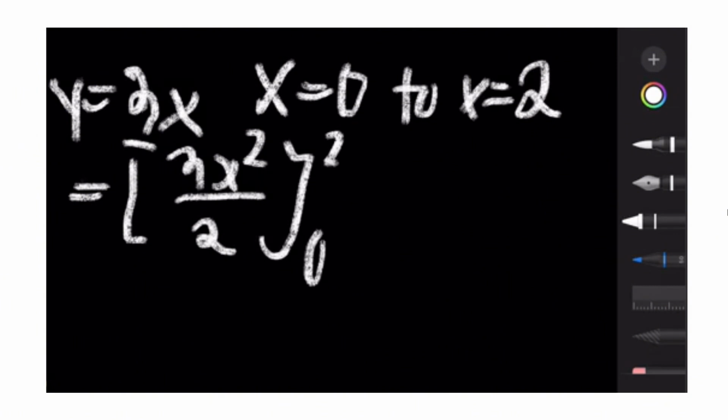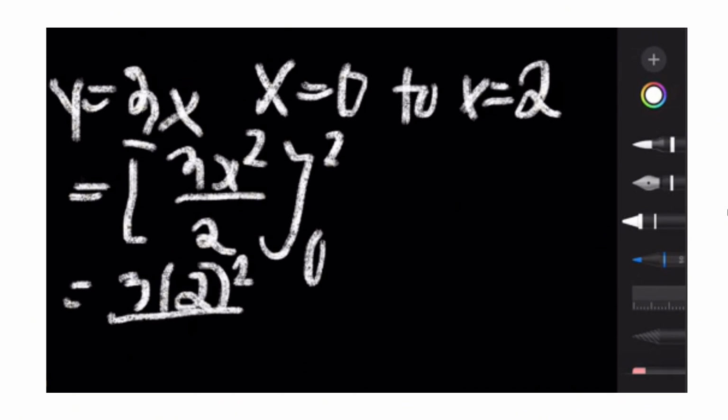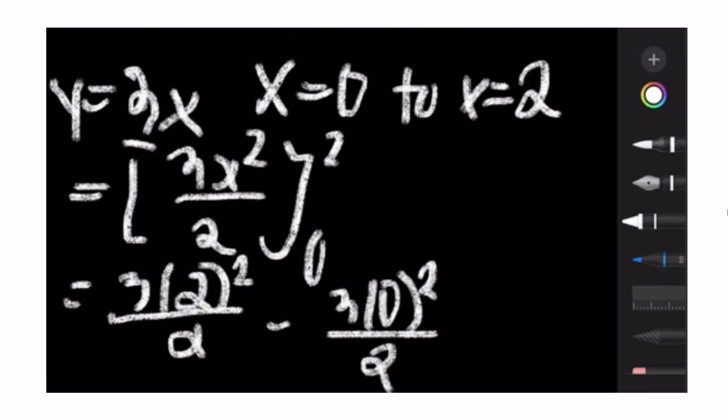So again, we have to evaluate the bounds. So therefore, this will become 3 times 2 squared over 2, then minus 3 times 0 squared over 2.